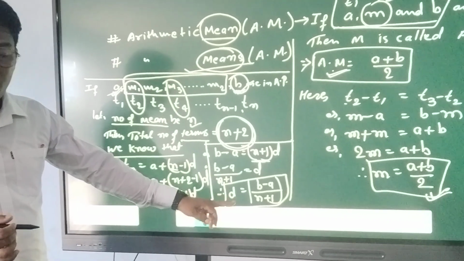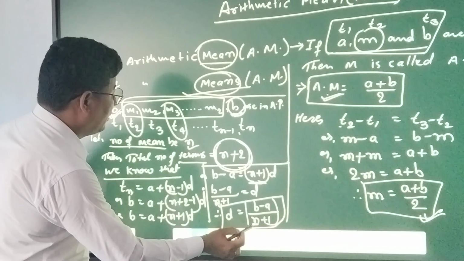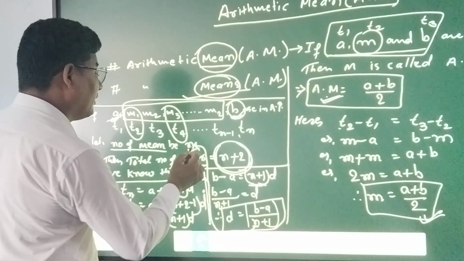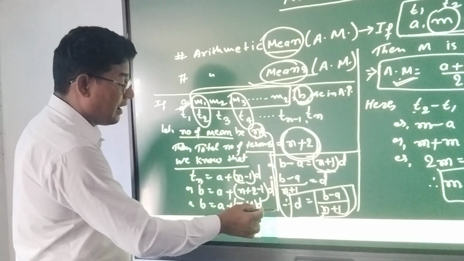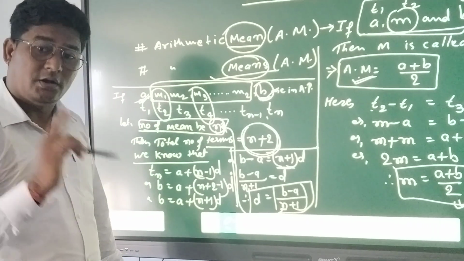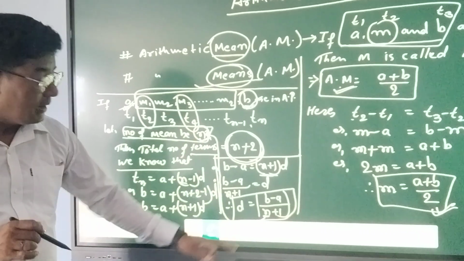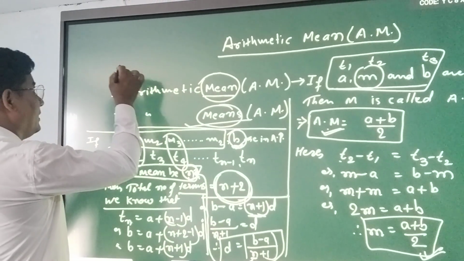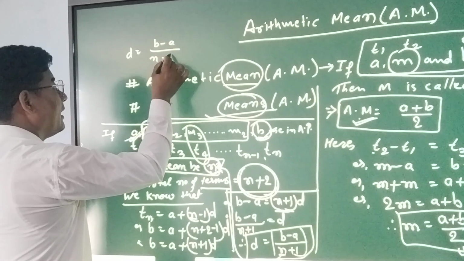Here, n is for what? n is for the number of means, not the number of terms. If n is for the number of terms, then the formula becomes (b minus a) upon (n minus 1).